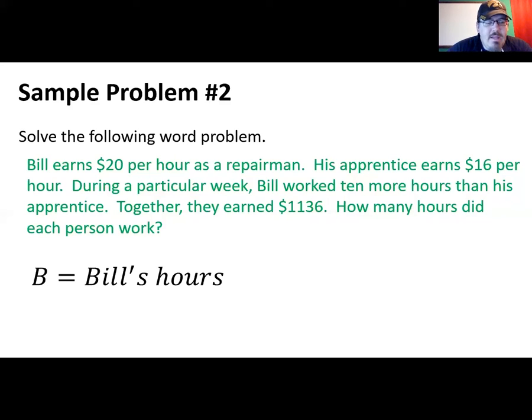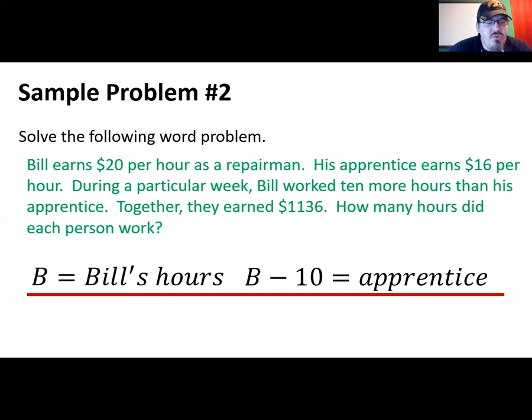Okay. Now, to get the expression for the apprentice, we look at the second or third sentence in the problem, and it says Bill worked 10 more hours than his apprentice. Now I know it can get a little bit confusing, but because we're starting with Bill and he works 10 more hours, if I want to come up with an expression that equals the apprentice's hours, I'm going to subtract.